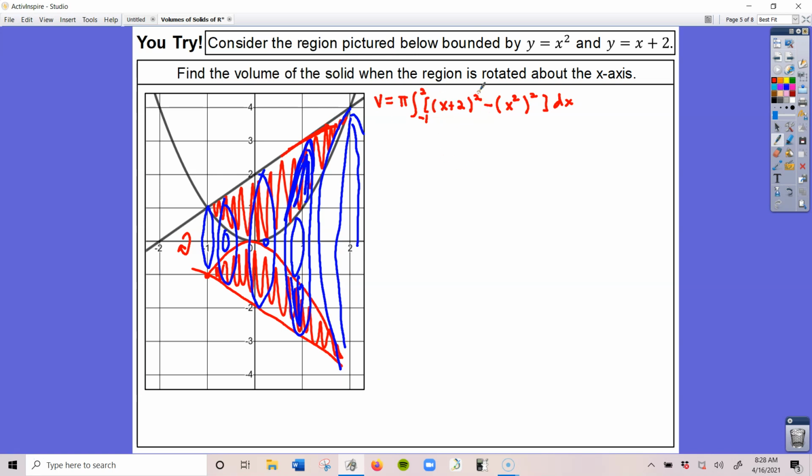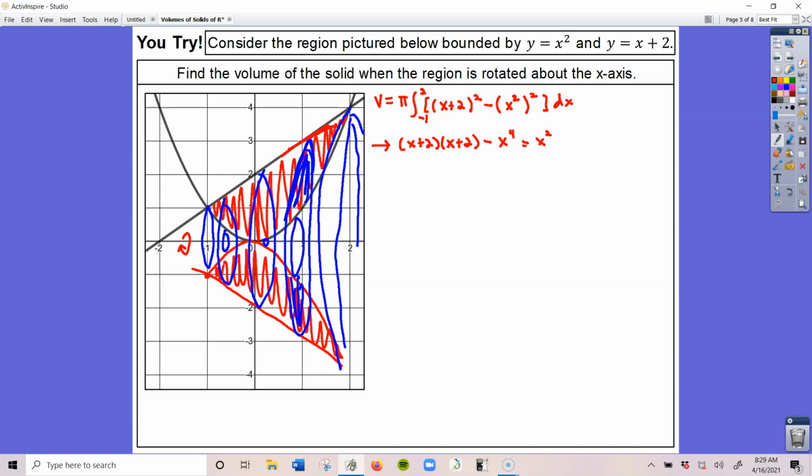So now I have to actually distribute everything. I'm going to do that on the side. So x plus 2 times x plus 2, minus, and then this is x to the 4th. Let's distribute this out.